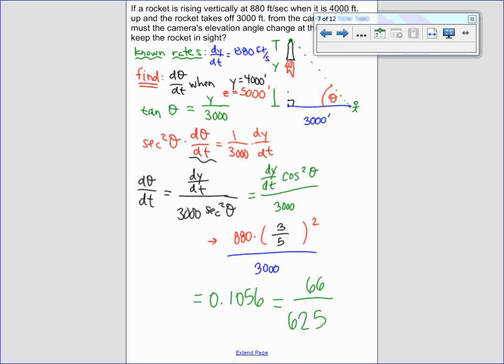So I'm getting 0.1056, and that's 66/625ths.